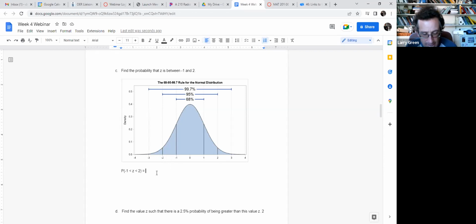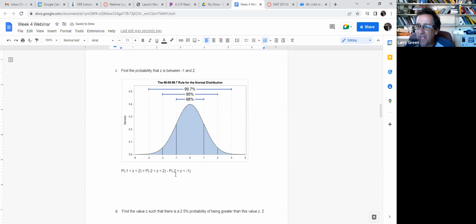So what we can write is the probability that -2 < z < 2. But the problem with that is it's going to give you all of this area, which means we've got too much area. This -2 to -1 we put in and we don't want. So we need to get rid of it. So we can go minus the probability that -2 < z < -1.